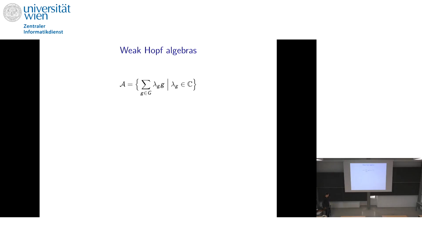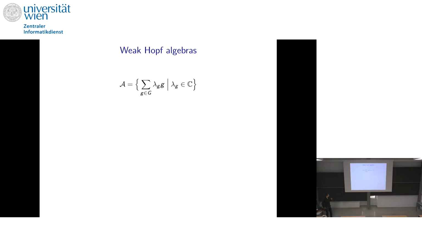Okay, I will try to motivate. I won't give a definition of Hopf algebra because I don't know anything of it. I will try to motivate what the important properties of Hopf algebra are. So, to learn what's the underlying structure, let's start with the simplest example, the group algebra.